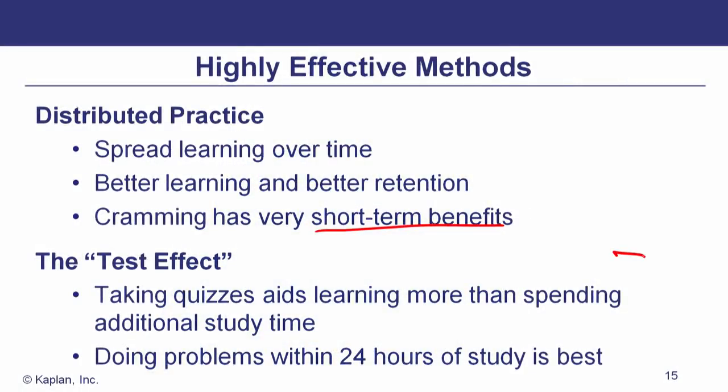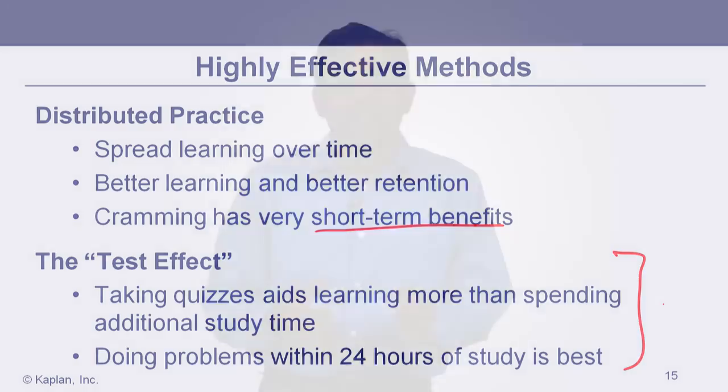Now, the test effect is key. Very, very important, very powerful. Taking quizzes aids learning very much. Very effective. So taking quizzes, doing prompts is extremely effective. What we say, putting pencil to paper. In fact, you learn more by making a mistake than by getting your answers correct.